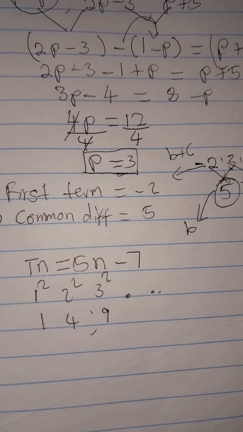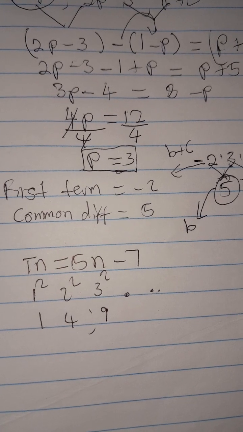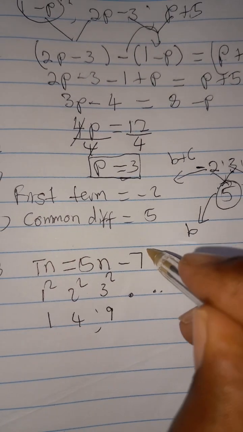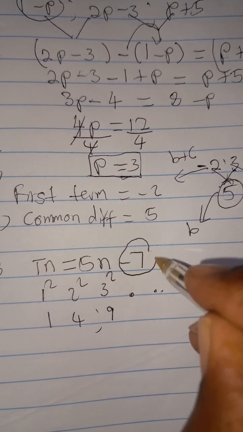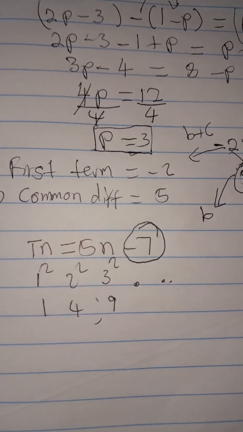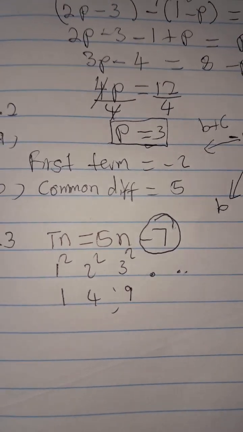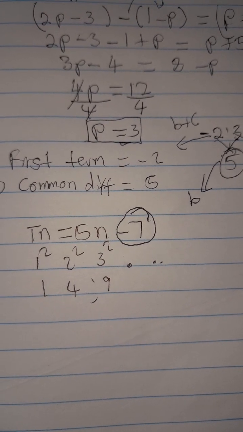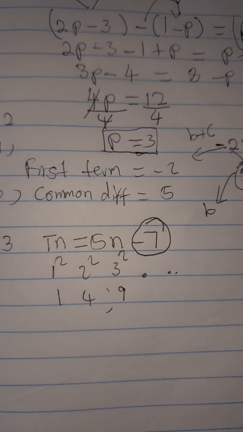But when it's decreased by 7, it's no longer a perfect square. Because it has been decreased by 7, it can never be a perfect square. So that's how you can explain your answer at 2.1.3.